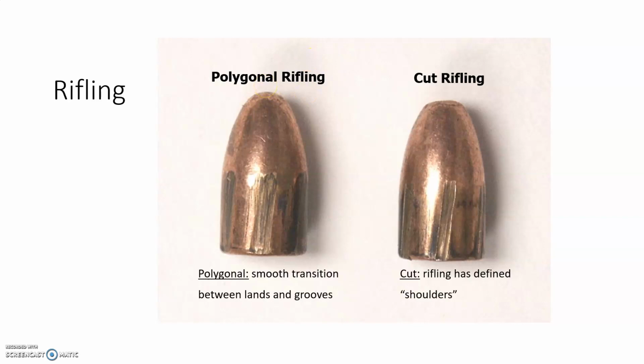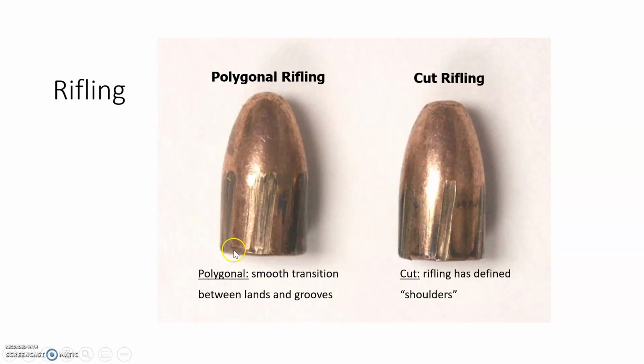Okay, so the first thing that a forensic scientist is going to be looking at is rifling. Now, rifling happens as the bullet is leaving the gun, right? And there are two different types of rifling that you would particularly see on a bullet. We have polygonal rifling, and then we have cut rifling.